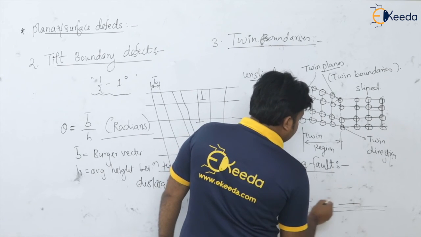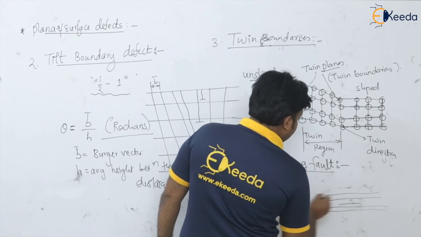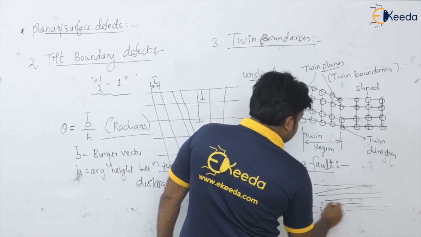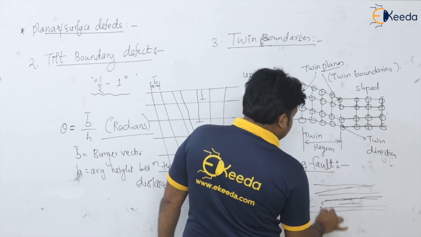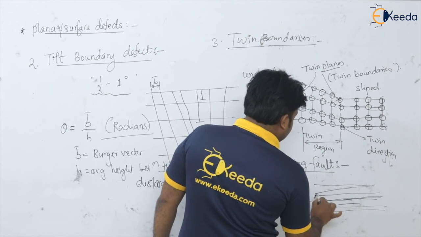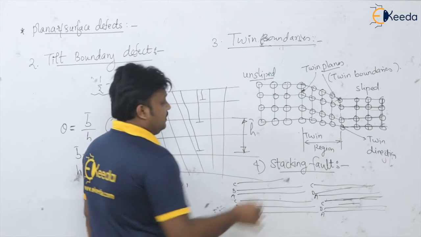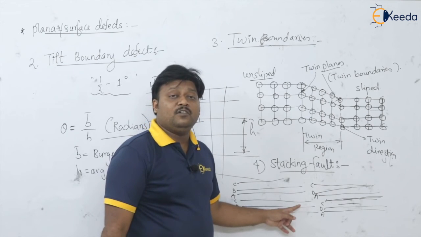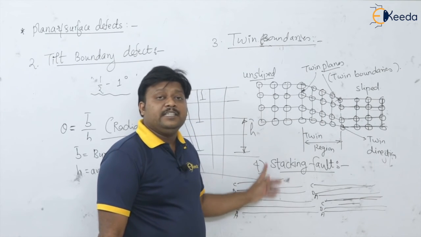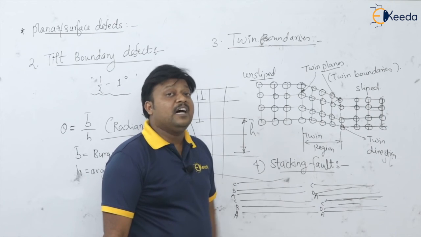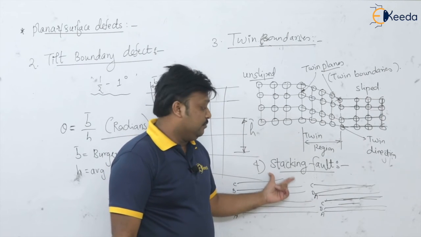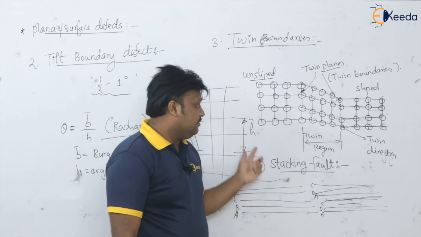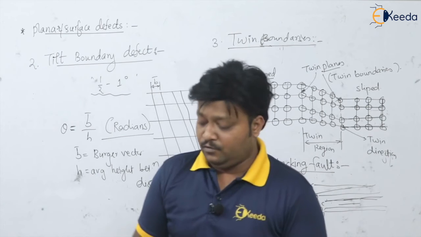Such defects are our stacking faults, and they result in what? Anisotropy of the material. Please remember that means at a point, properties are different in different directions. So these are the stacking faults.